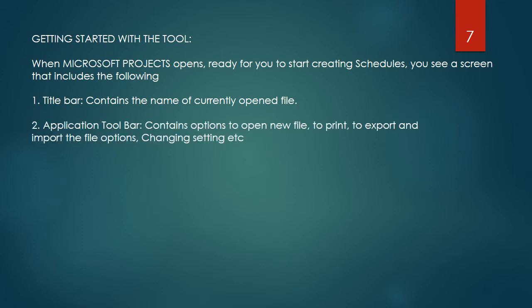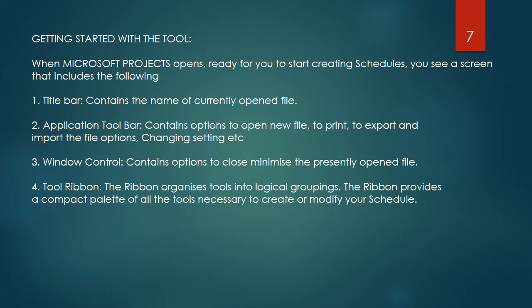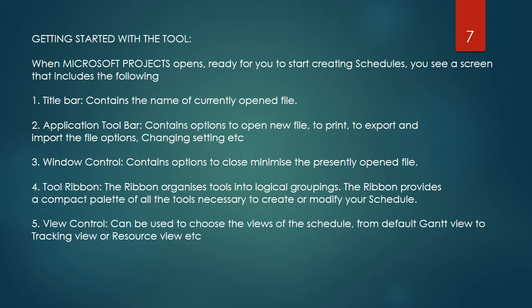The application toolbar contains options to open a new file, to print, export, import the file, changing settings of the schedules, etc. Window control contains options to close, minimize, maximize the presently open file, etc. Tool ribbon: the ribbon organizes tools into logical groupings. The ribbon provides a compact palette of all the tools necessary to create or modify your schedules.